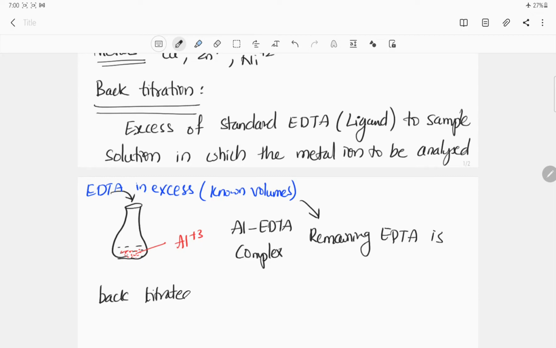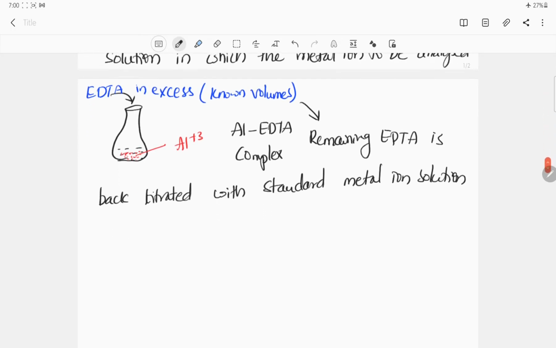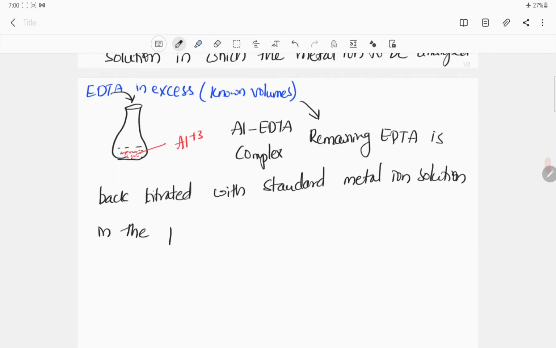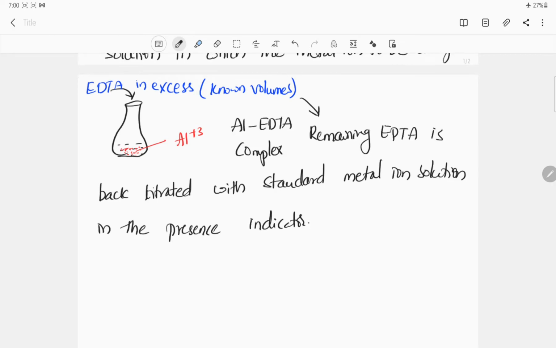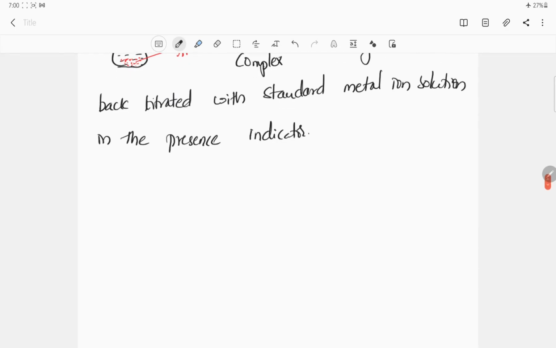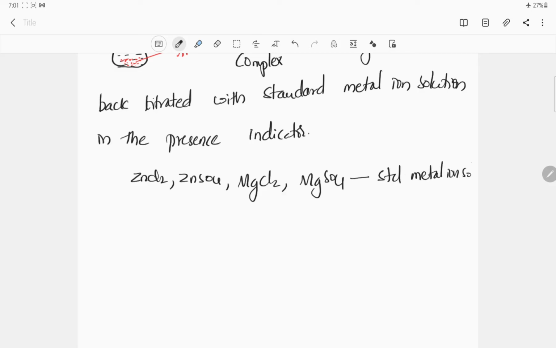Means the remaining EDTA is titrated with standard metal ion solution in the presence of indicator. Those standards are zinc chloride, zinc sulfate, magnesium chloride, magnesium sulfate. So all these are standard metal ion solutions.